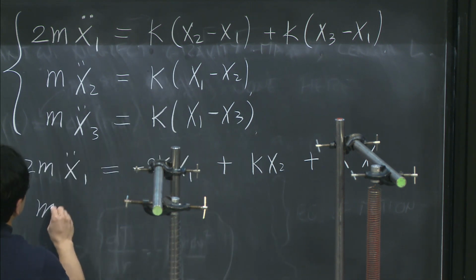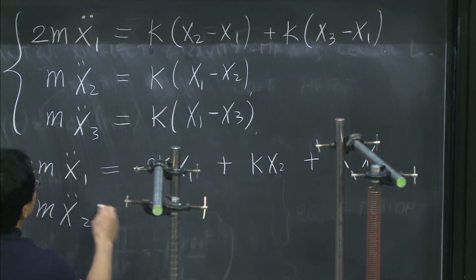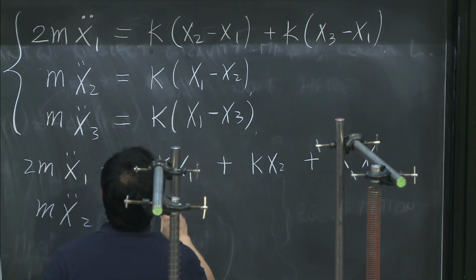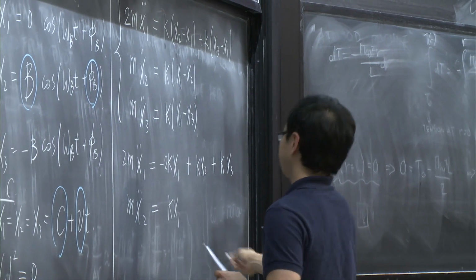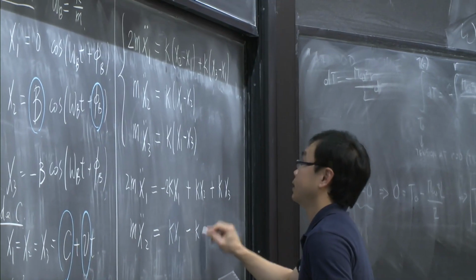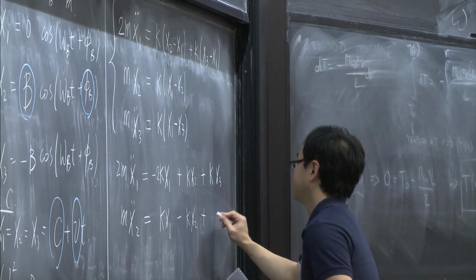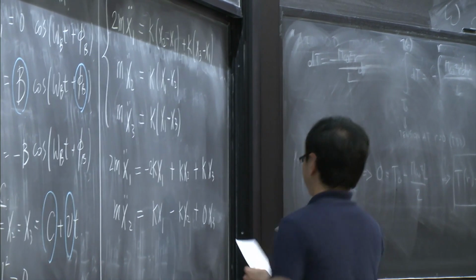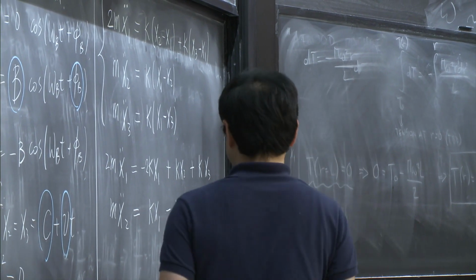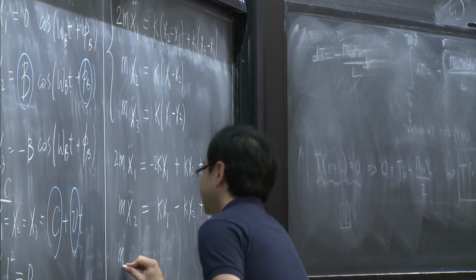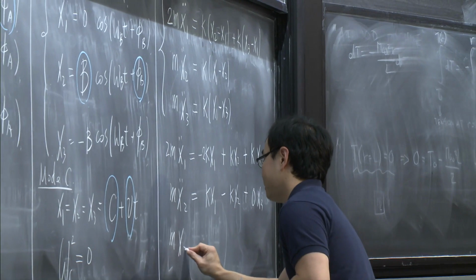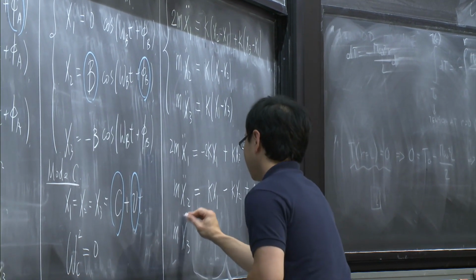And now I can also do that for m x2 double dot. That will be equal to k x1 minus k x2 plus 0 x3, just for completeness, okay? I can also do the same thing for the third mass, m x3 double dot.